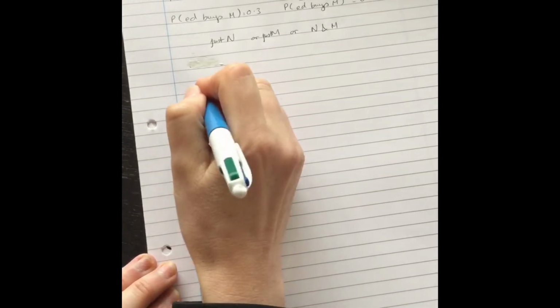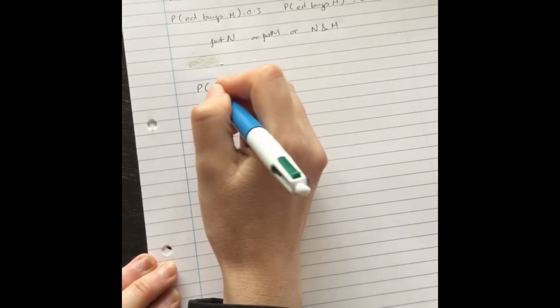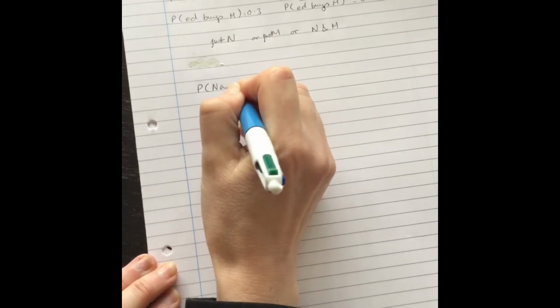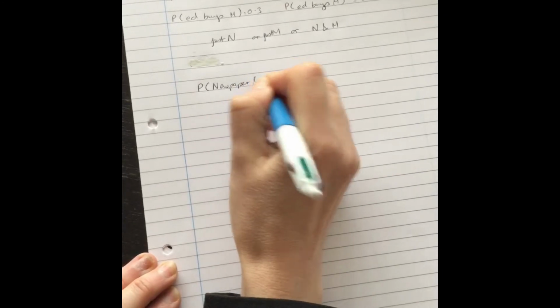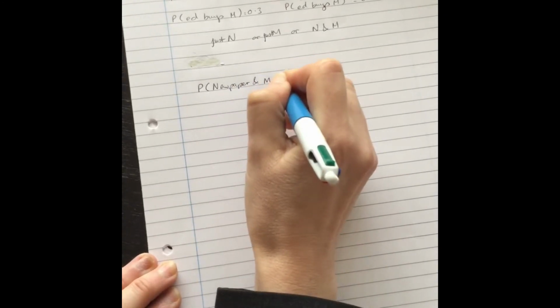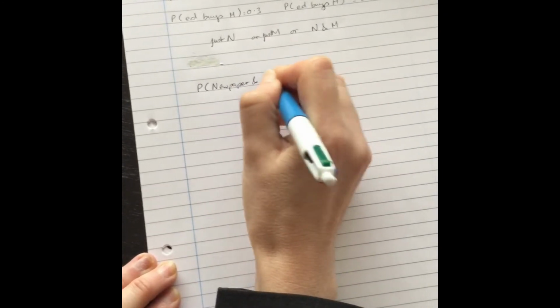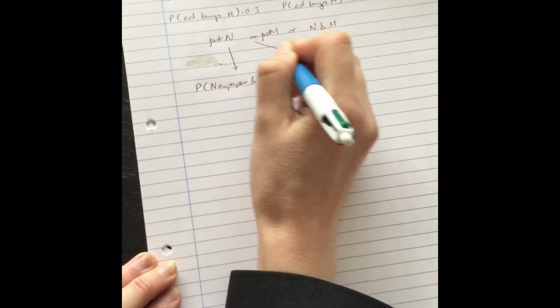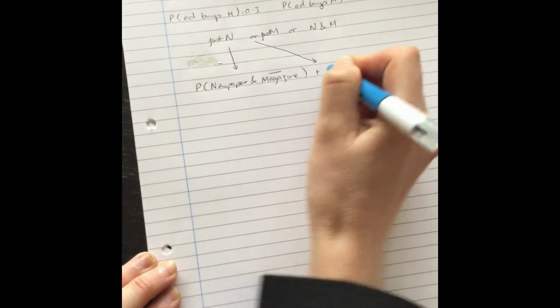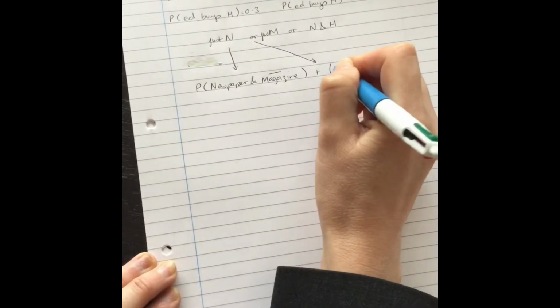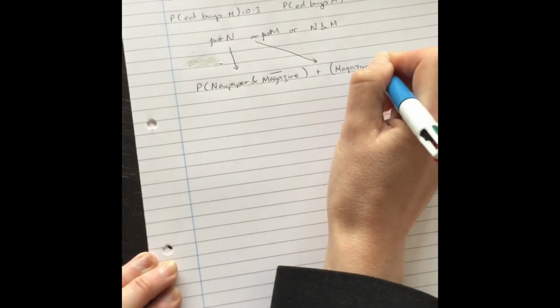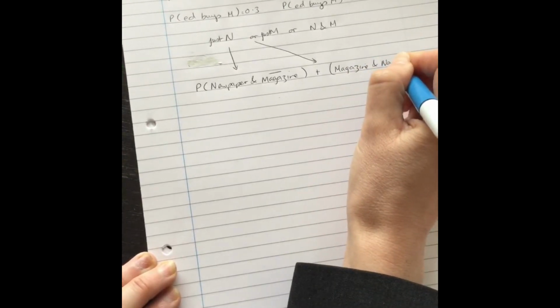The probability of just a newspaper is newspaper and not magazine. Or means you'll add. For just a magazine is magazine and not newspaper.